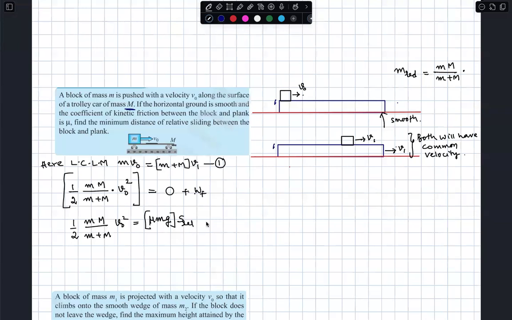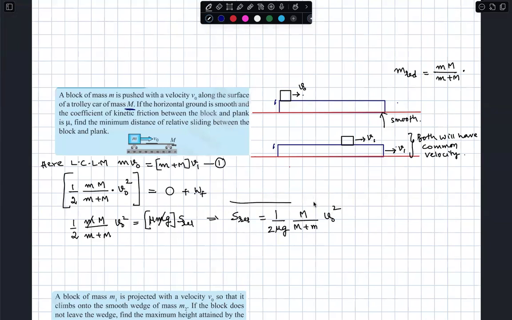That is what they are asking. So S relative is equal to, you can cancel this m, half mu g times capital M by capital M plus small m times V naught square.